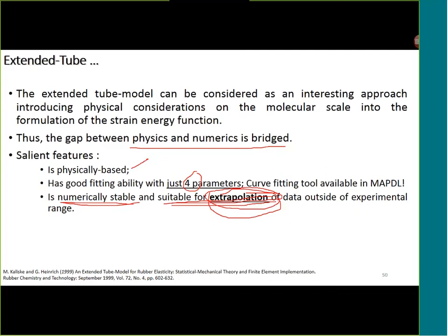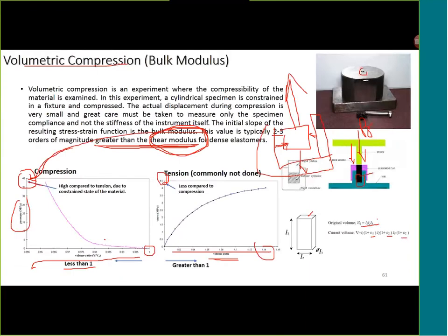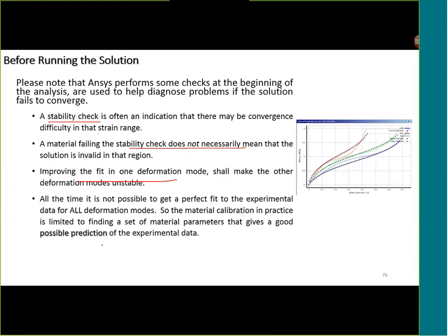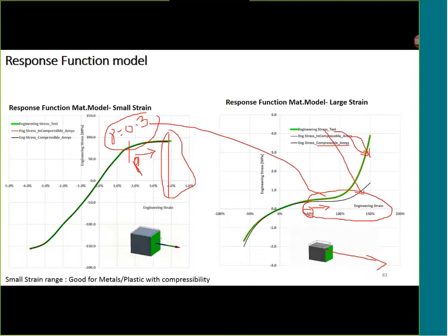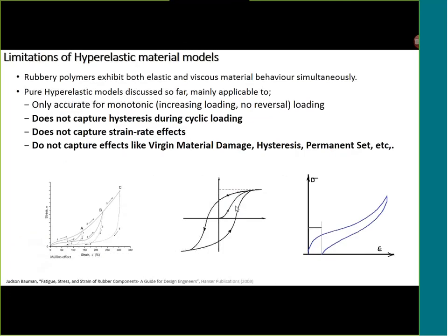Though it requires a curve fitting procedure, if your test data is available only up to, let's say, 50%, you can reliably use it to analyze your component even up to 100% or 200%. The further you go away from your test data, the less reliable it gets, but your results are going to be more realistic compared to the test data.